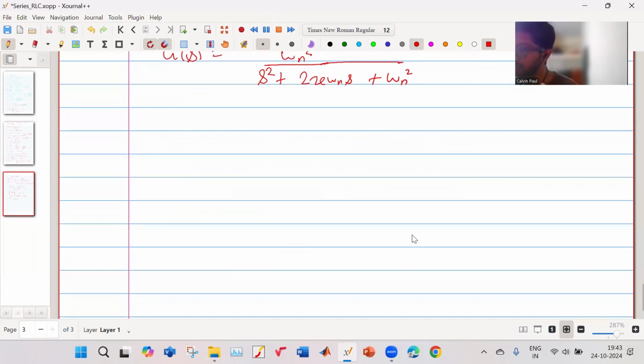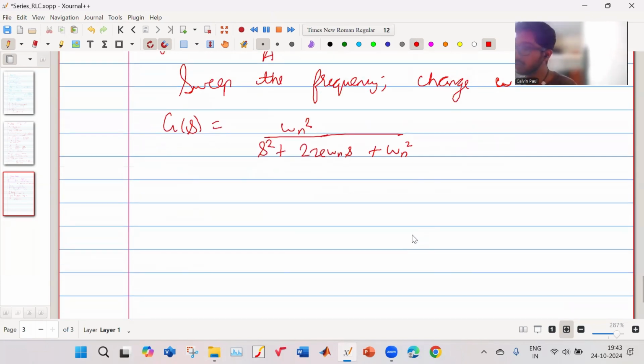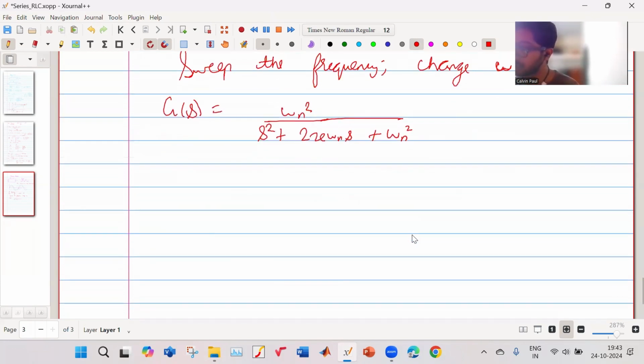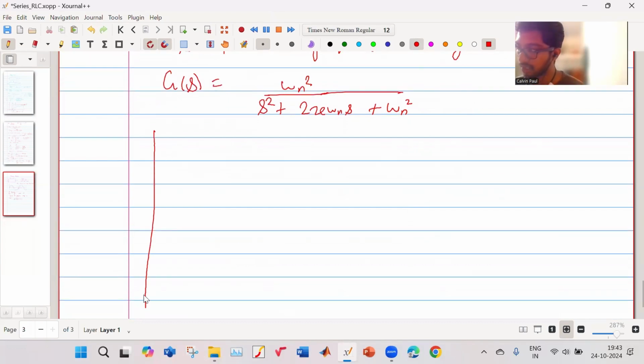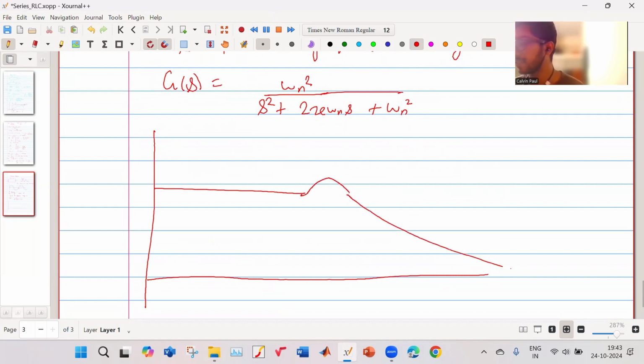So it is a second order system. The Bode plot of this system, if we draw it, will be something like this. There will be some peaking and then it will fall. This is the gain curve.